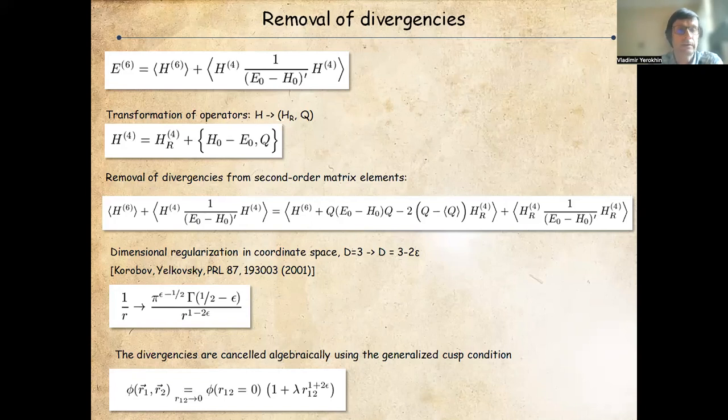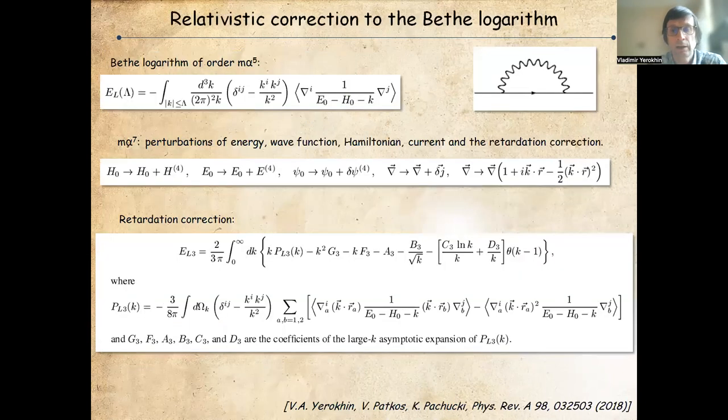They are identified and algebraically cancelled using the generalized cusp conditions. Wojciech Patkos did great work on this. It was a very long and difficult algebraic calculation.